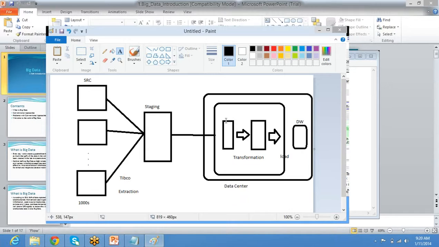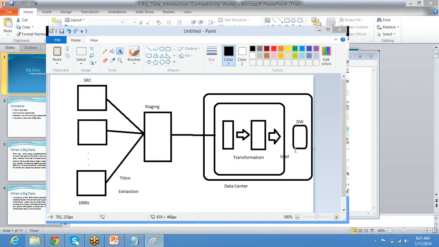Here you do all your transformations, for example verification, validation, and applying initial business rules. Then you load the data. This process of transforming from one form to another is called transformation, the T. For the loading, you load the data into the data warehouse. So this is the typical ETL process. I think the figure is self-explanatory.